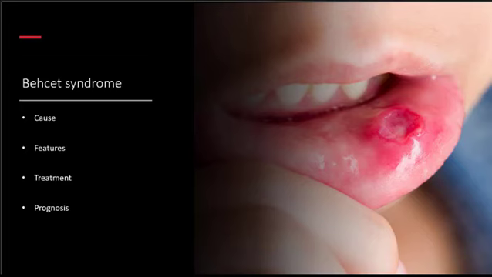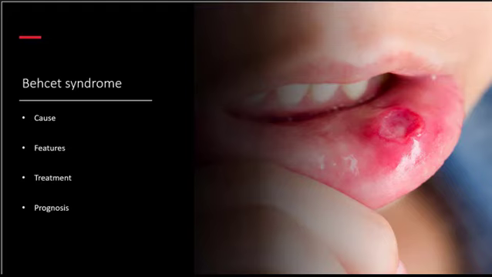Behçet's syndrome is a chronic, recurrent, and multi-system autoimmune disease that's caused by an abnormal immune response triggered by infection or environmental antigens. Oral ulcers are present in 91 to 100% of these patients. These are painful ulcers, which again mimic a minor aphthous ulcer.